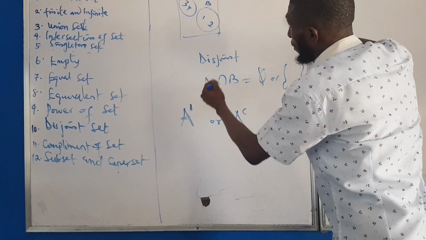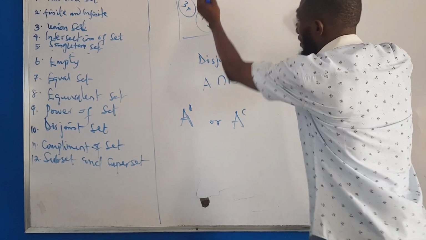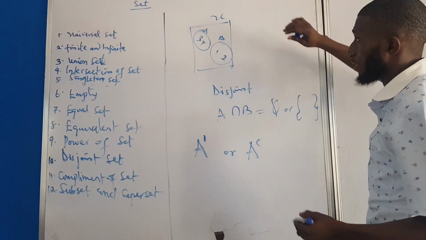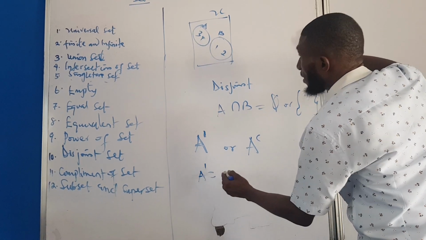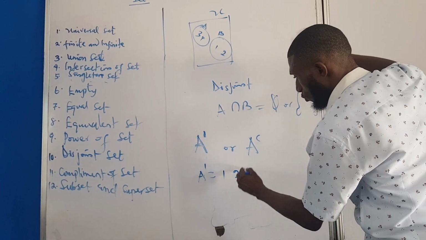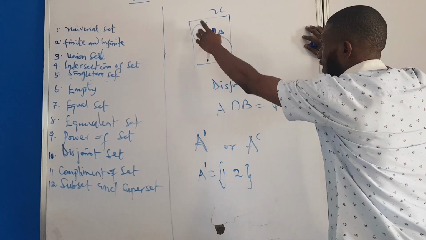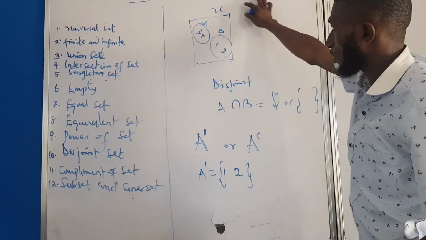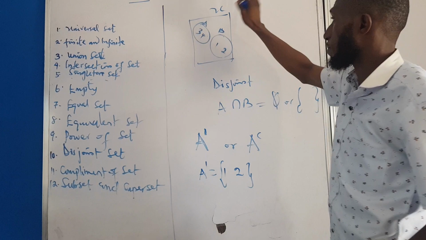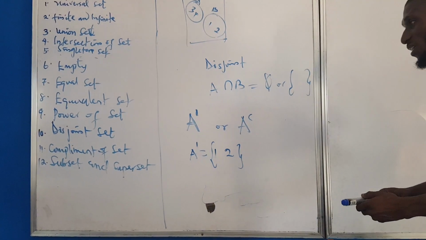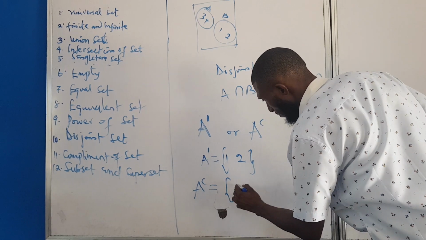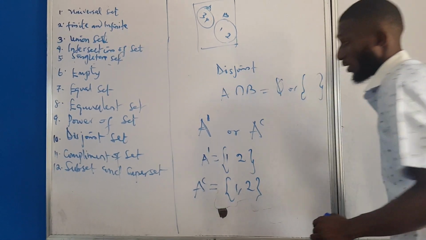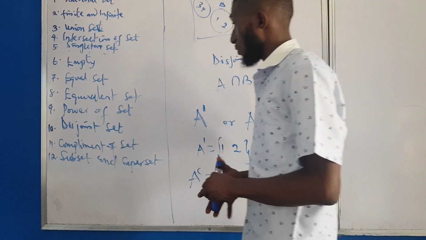Let's take for example the complement of A from this set here. Let's say this is the whole set. The complement of A is 1 and 2, which means that if set A gets 1 and 2, it will become the whole universal set, and that's that. It can also be written as 1 and 2, and that's the complement of set A.